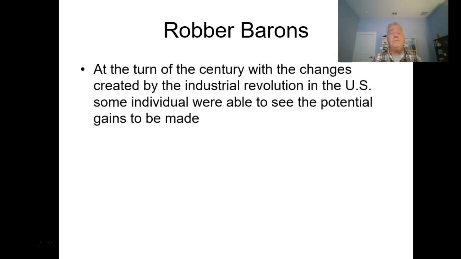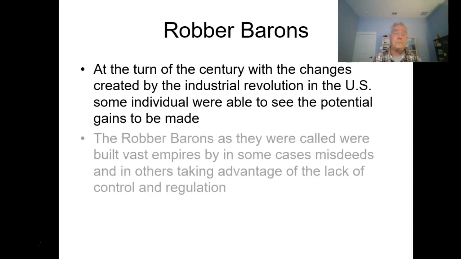Okay, so turn of the century, Industrial Revolution, a lot of individuals saw the potential gains to be made as a result of these industrial changes. People who saw what was going to happen and what needed to be done to enrich themselves.